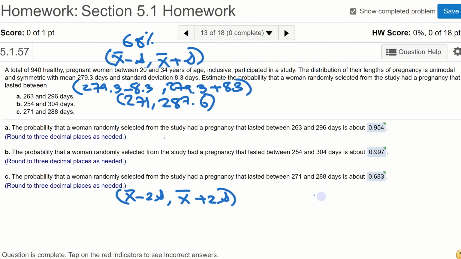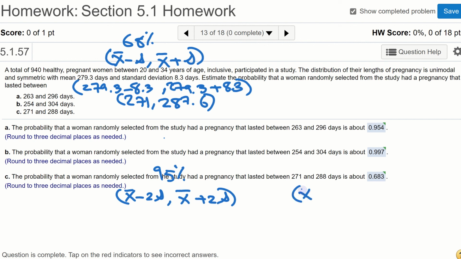And this will capture, as you know, around 95% of the observations in this group or sample.